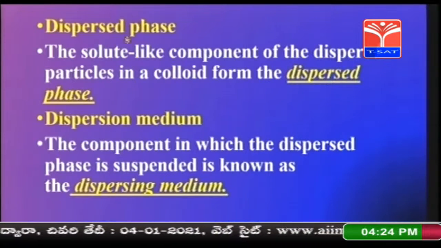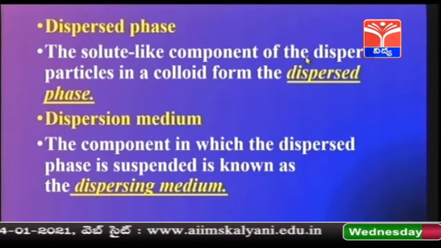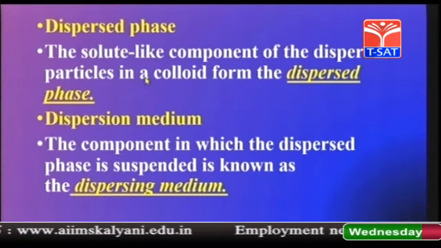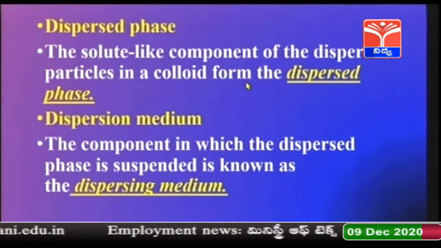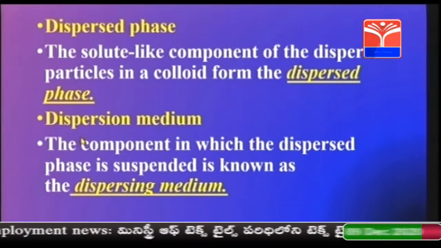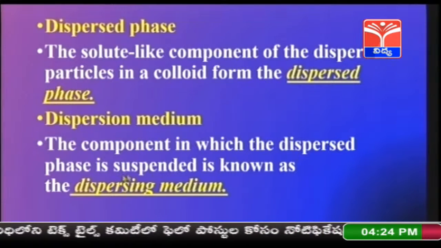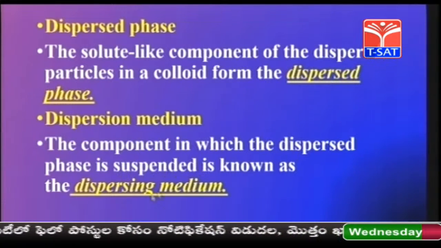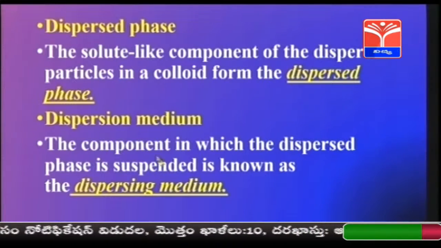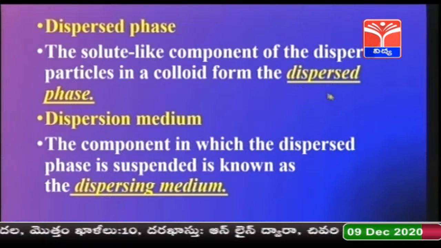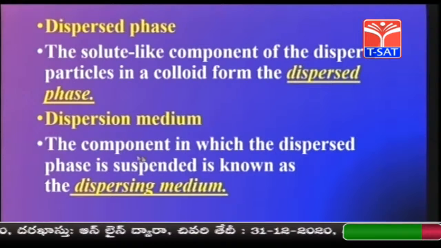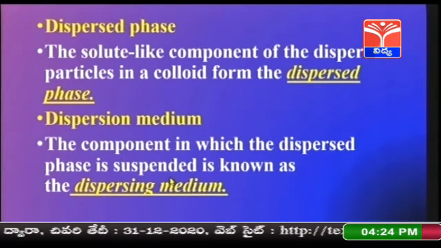Children, dispersed phase means the solute-like component of the dispersed particles in a colloid forms the dispersed phase. Dispersion medium means the component in which the dispersed phase is suspended is known as the dispersing medium. That means the solute-like particles are called the dispersed phase and the solvent is called the dispersing medium.